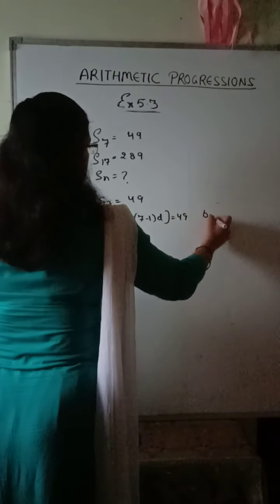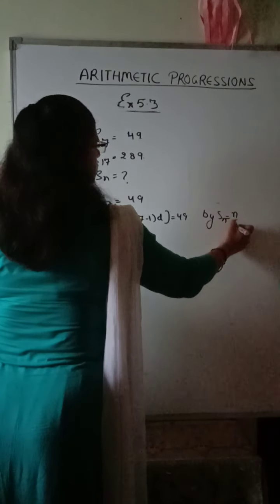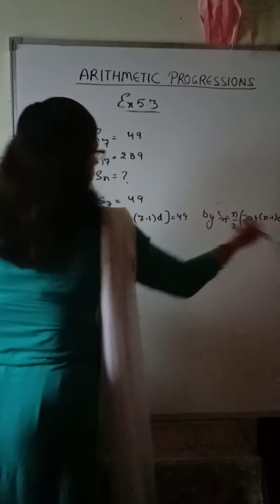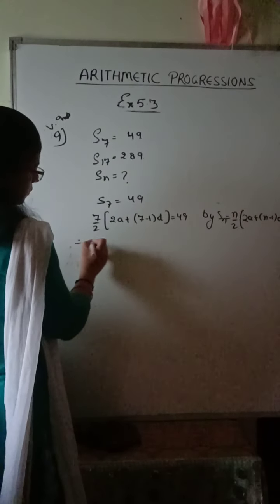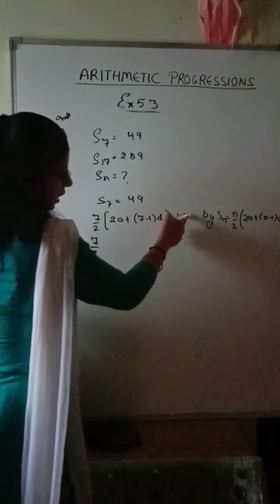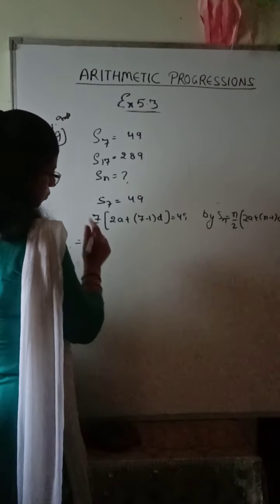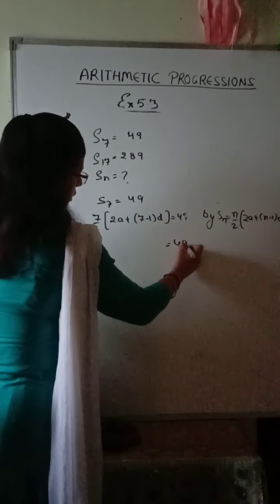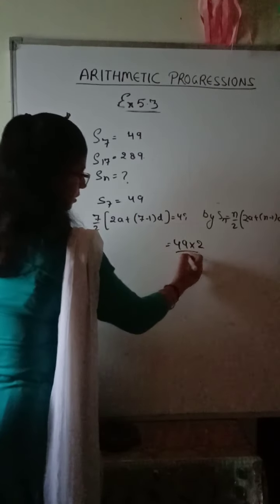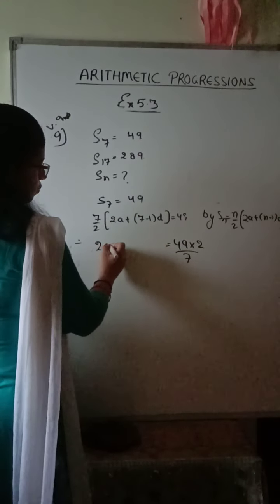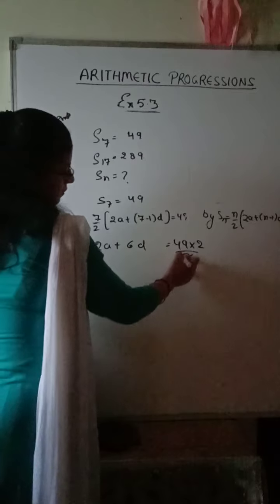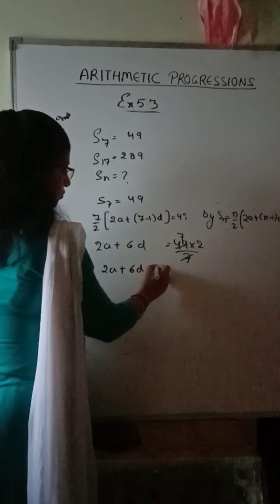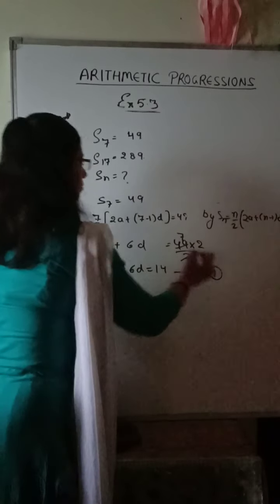Here you will write sum of n terms is equals to n by 2, 2a plus n minus 1 into d. We have used this formula here. So 7 upon 2 we send here, and 7 into 7 we also send here. So this will be 49 into 2 in the numerator and 7 in the denominator. So here it becomes 2a plus 6d. 7 7s are 49. So 2a plus 6d is equals to 14. Let me say this is equation number 1.